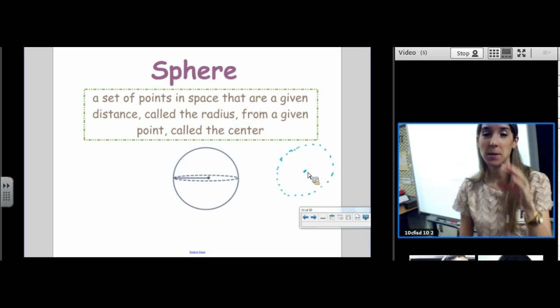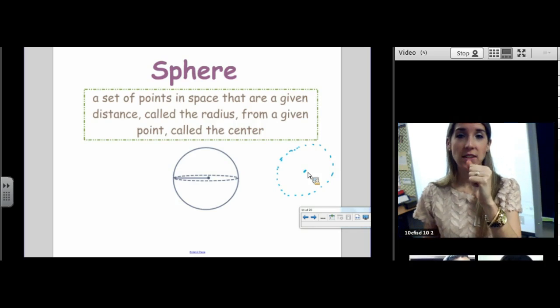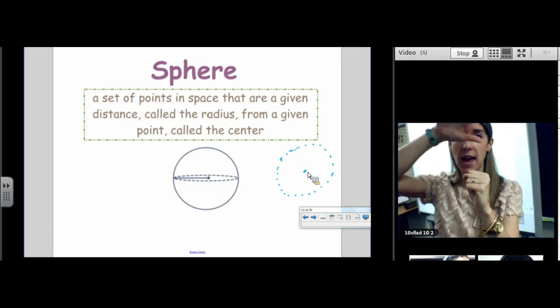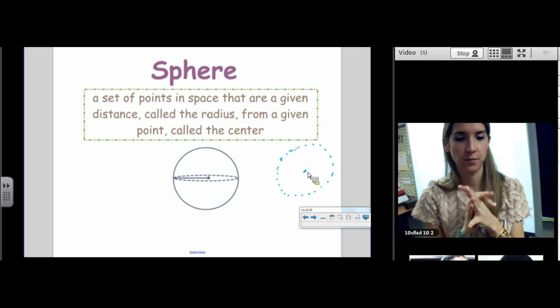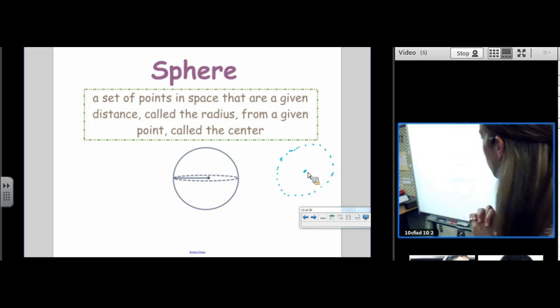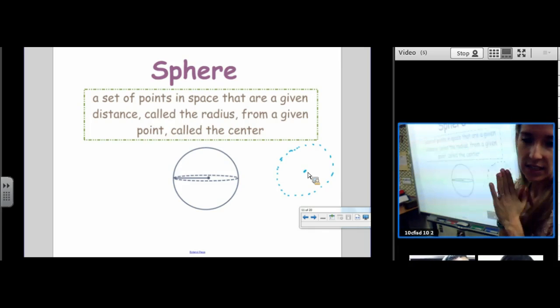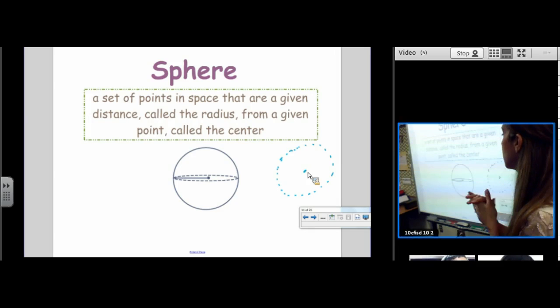But a sphere is when you take a point and you pick a radius, 5 inches, you find every single point in the universe that's 5 inches away from that one point, and that will form a sphere. Spheres are my favorite. It's a collection of points a given distance from the center.